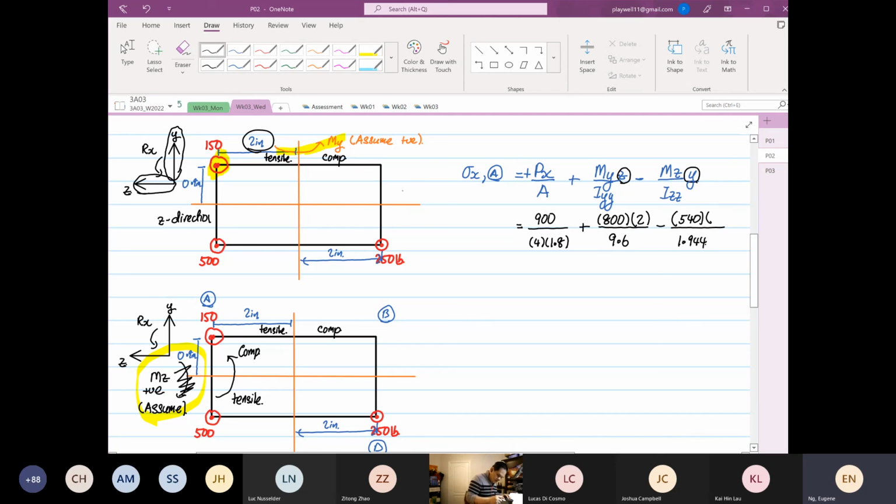And then we know that this is the Y direction, so this is 0.9.